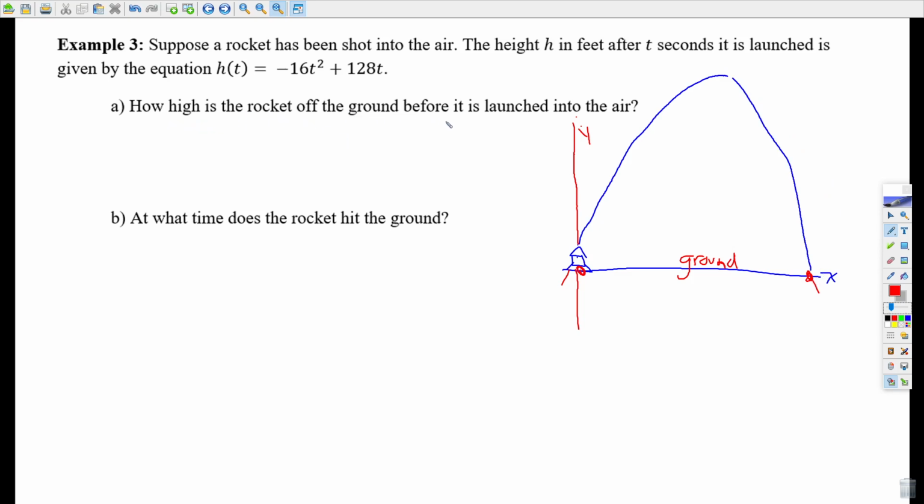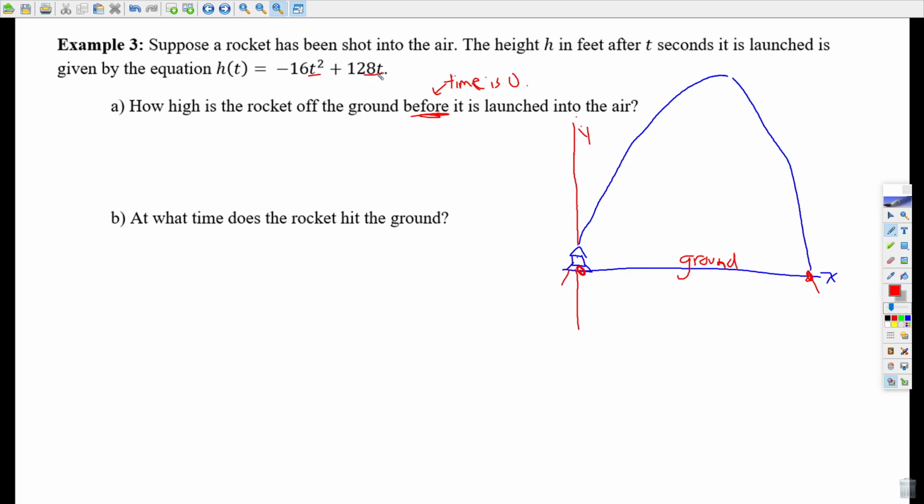So if we're looking at how high the rocket is off the ground before it's even launched, that means we're looking at a time of 0. Before we even start the timer and let it go up into the air, we're at a time of 0. So this means time is 0.